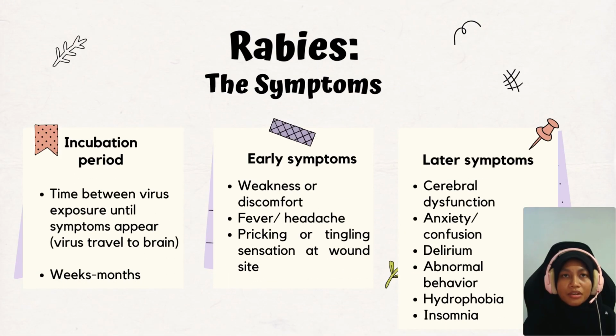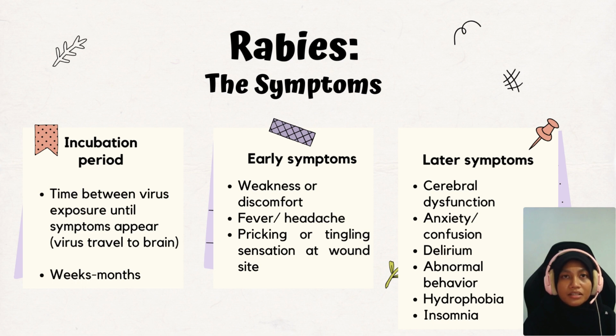Symptom manifestation of rabies depends on the incubation period, which is defined as the time between virus exposure and the appearance of symptoms, all of which happen after the virus travels to the brain. It can last for weeks or even months. Early symptoms of rabies include weakness or discomfort, fever or headache, and there might also be a pricking or tingling sensation at the wound site, which may last for a few days.